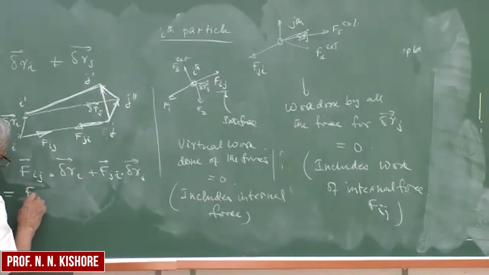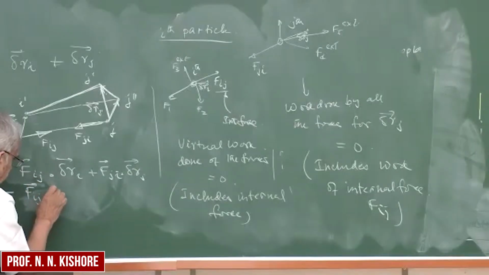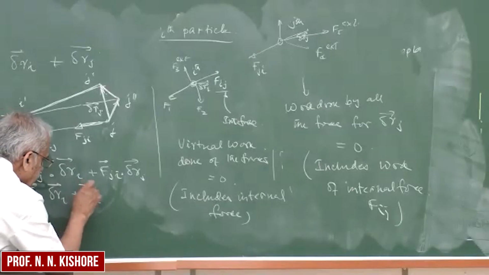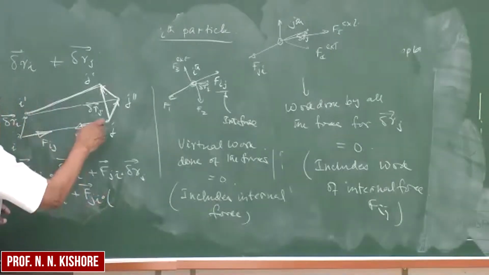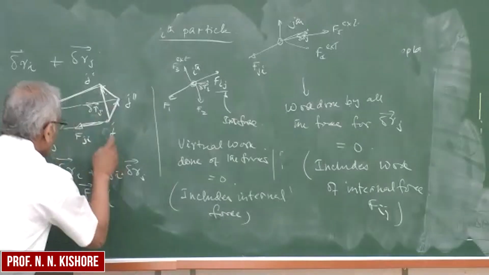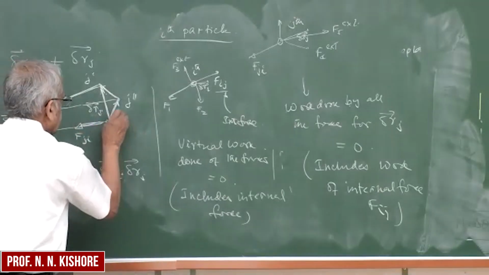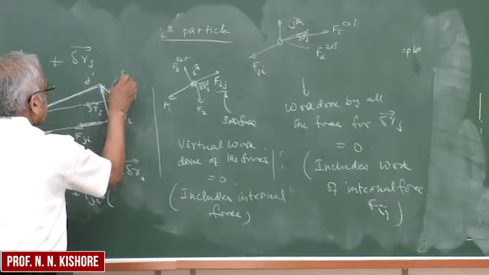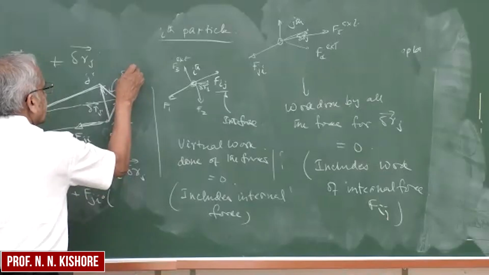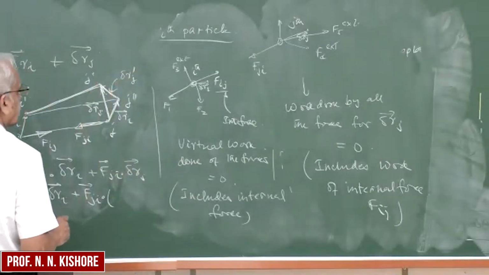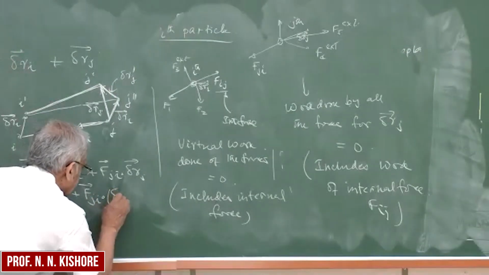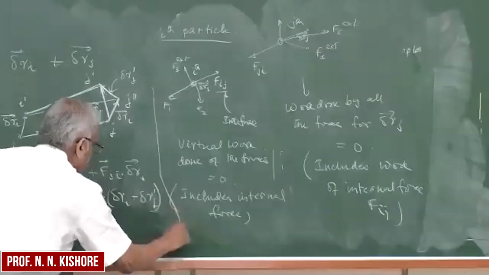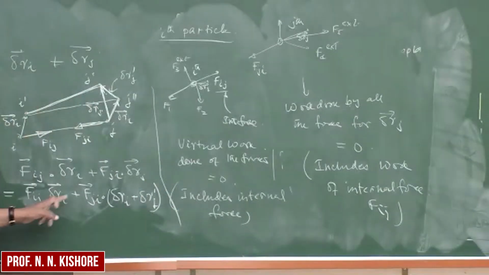This is equal to delta Ri, and then there is something here, delta Rj prime.